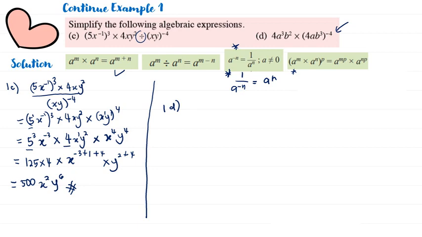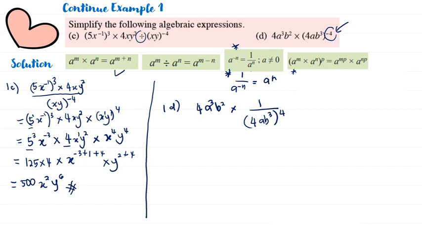So it becomes 4a power of 3 b power of 2 multiply with 1 over 4a b power of 3 power of 4. The negative index negative 4 becomes 4 here.